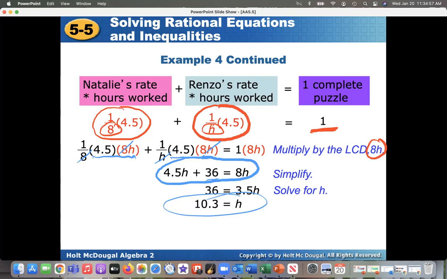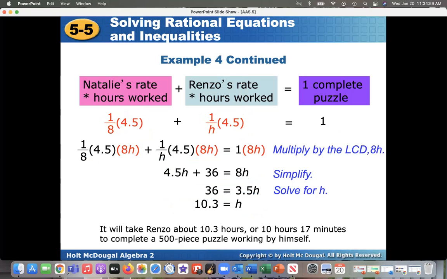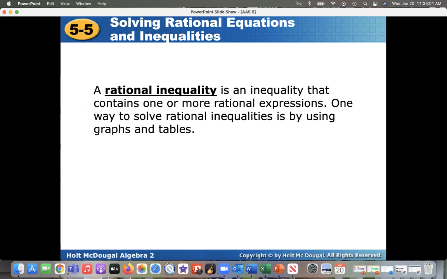All right. Now, last idea in this section 5, and we can go back to other things if you'd like to. Like I said, if you're not sure how to do something, ask, because your question will probably help everybody. I'm assuming you watched the videos and picked up on how to solve these equations for today. If you didn't, I need to know that. Now, rational inequalities add another layer to solving rational equations.